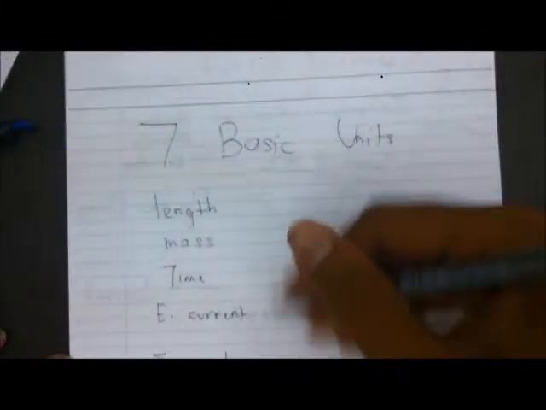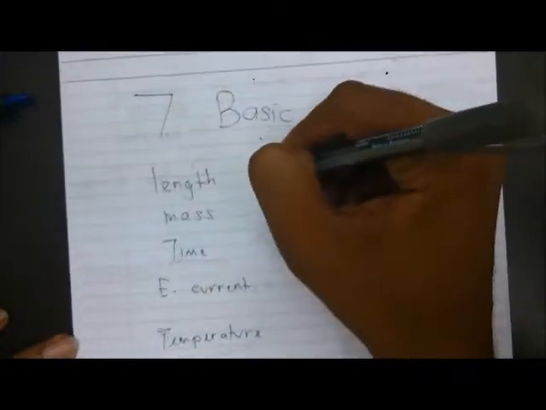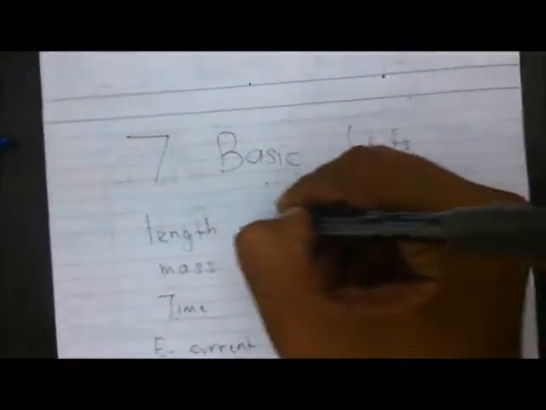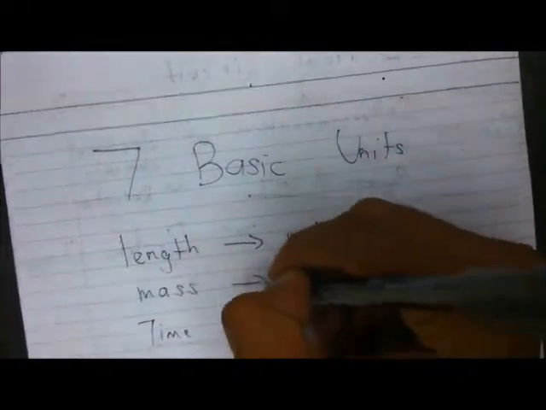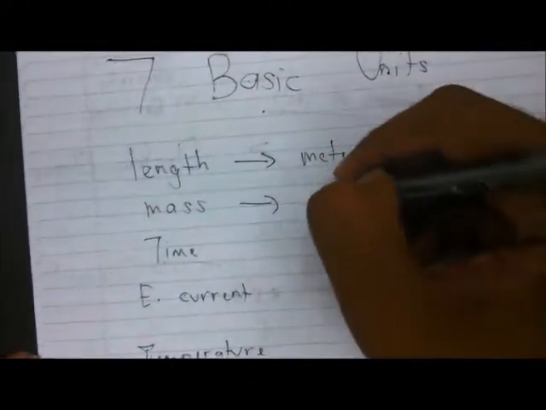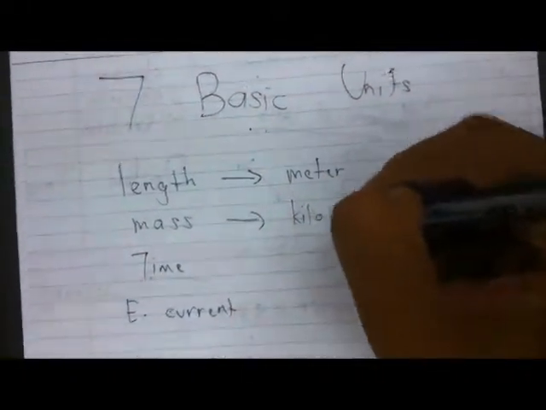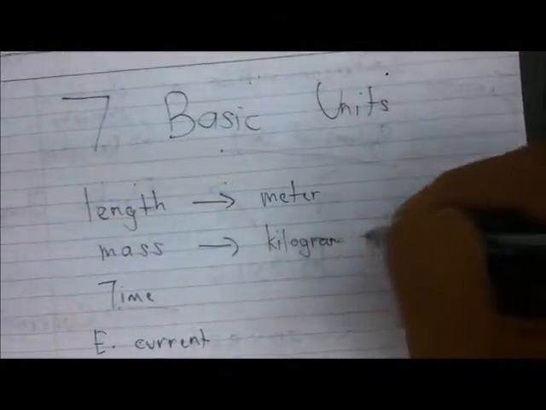The basic units of all these 7 are, for length, meter. For mass, kilogram, which we denote as kg.